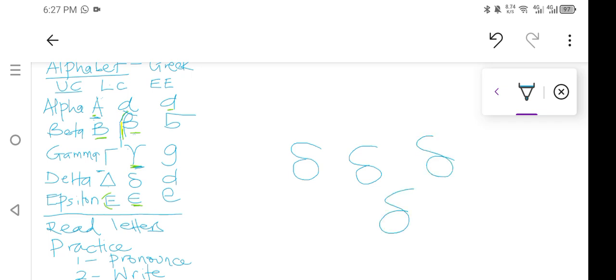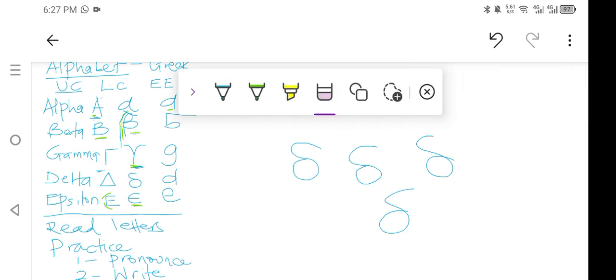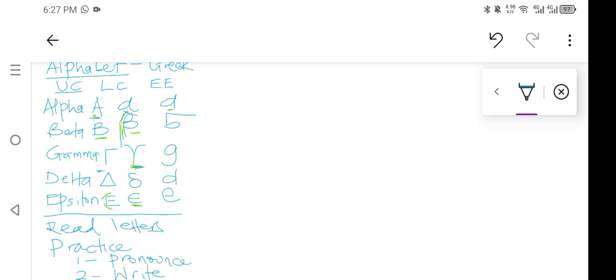That is the delta small letter, which is equivalent to the English letter D. The last letter we saw was epsilon. The uppercase is very similar to the English uppercase E, and the lowercase is equally similar. The only difference is that in the lowercase you write like you're writing a C and crossing it in the middle.